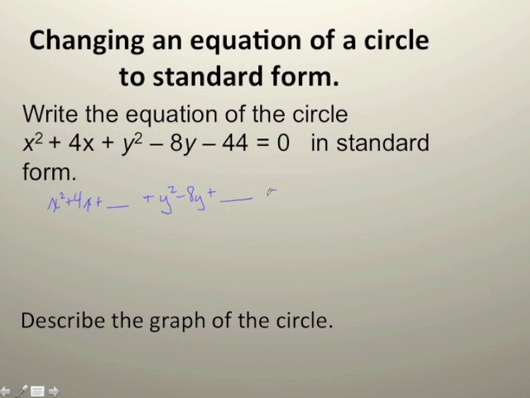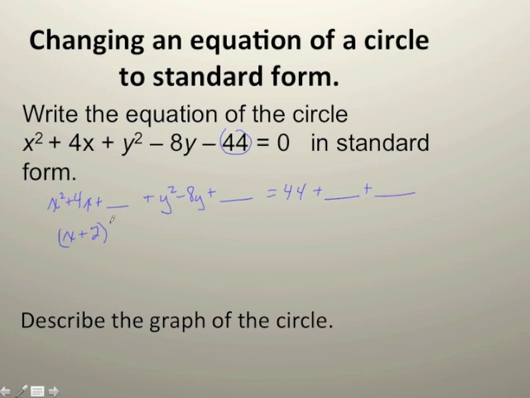We do want to move this to the other side, so it'll be plus 44. And then to keep our equation balanced, we have to add the same things on both sides. Now, remember, this is my b, it's my 2d, so what's d? Well, d is 2.